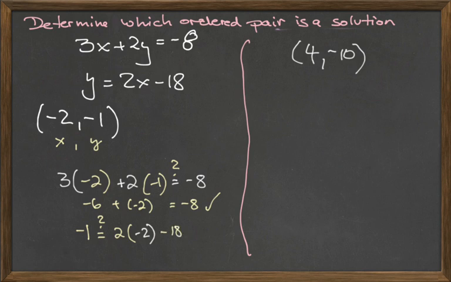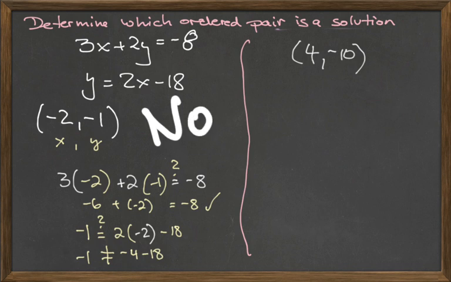I don't even have to do the arithmetic to see that that's not happening. -4 minus 18 is not equal, that's the symbol for not equal, to -1. So what's the answer to this question? Is (-2, -1) a solution to my ordered pair? No. No, thank you.